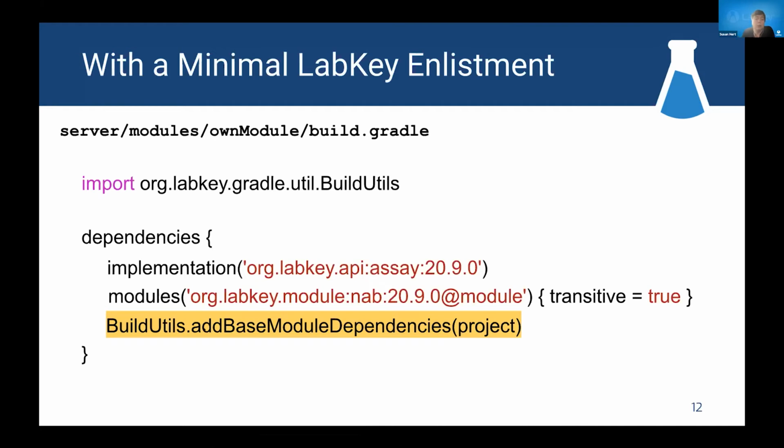Then I also said I need the nab module, and so the second line in the dependencies block is saying, for the modules configuration, which is what our Gradle plugins use to determine which module files to copy into the build directory, I'm going to declare this dependency on one of these artifacts that we're producing, which is a module artifact for the nab module.